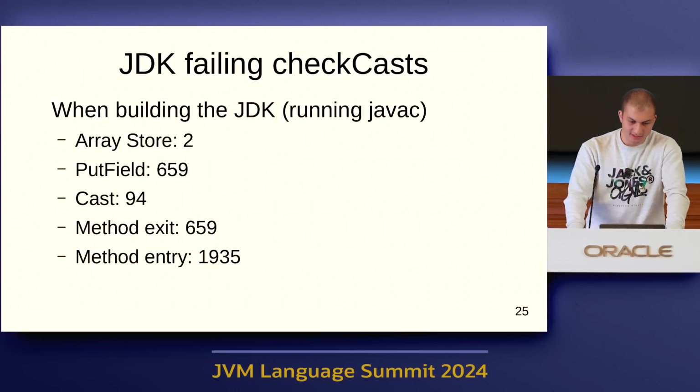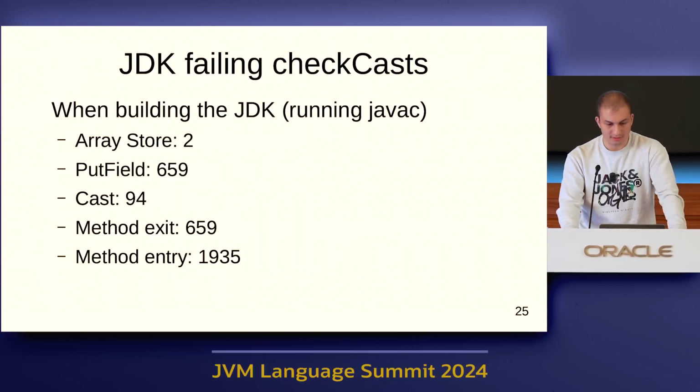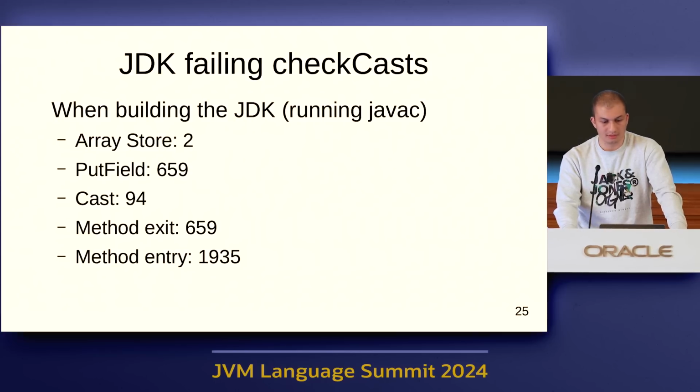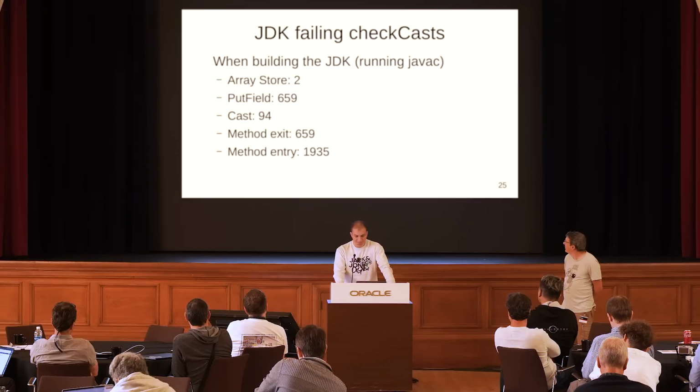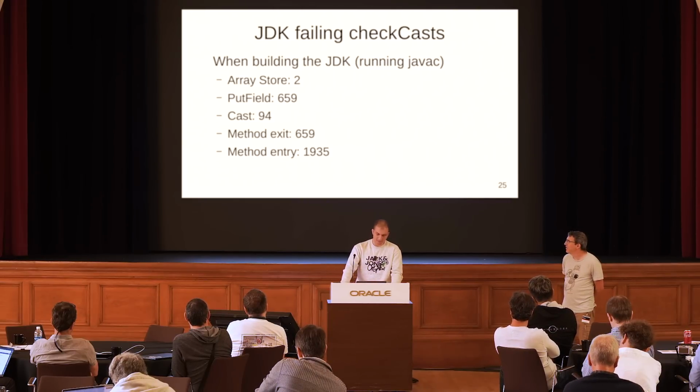So we can see that even for a project with well-written and maintained code, we still have a lot of failing checkcasts. And we also can see that most of them come from the level implying the method entry and method exit checks.